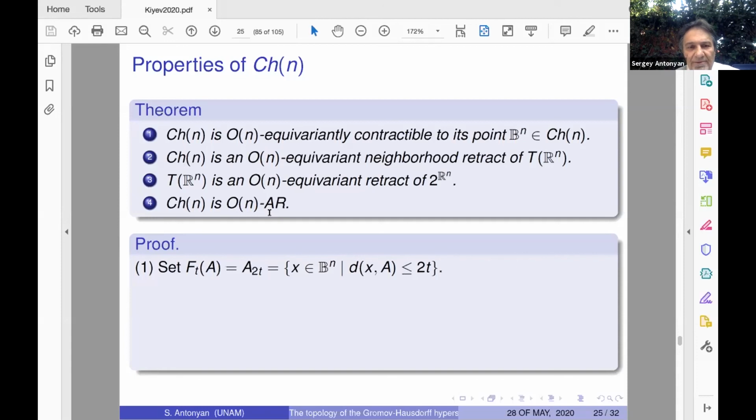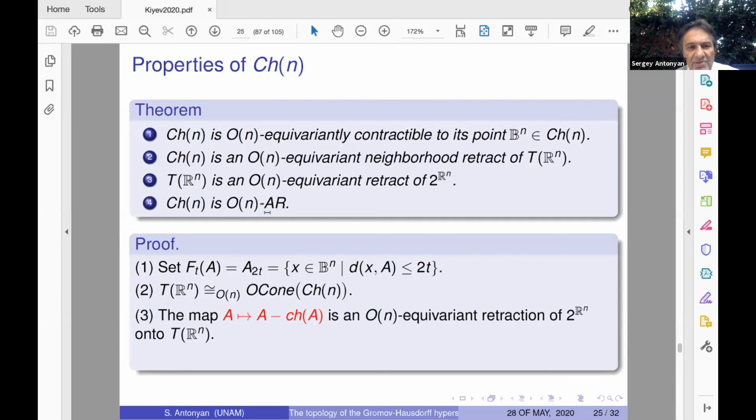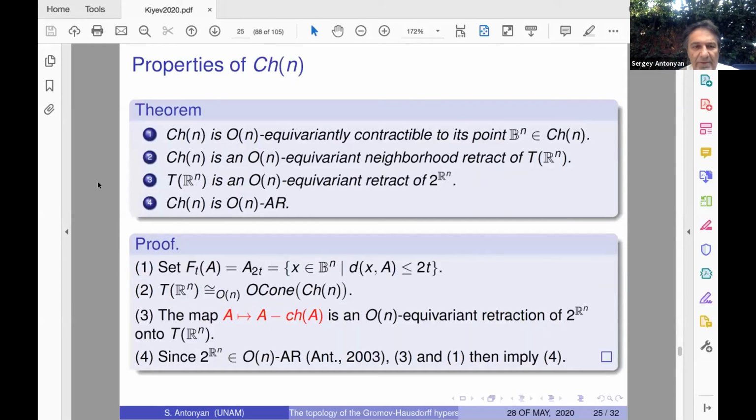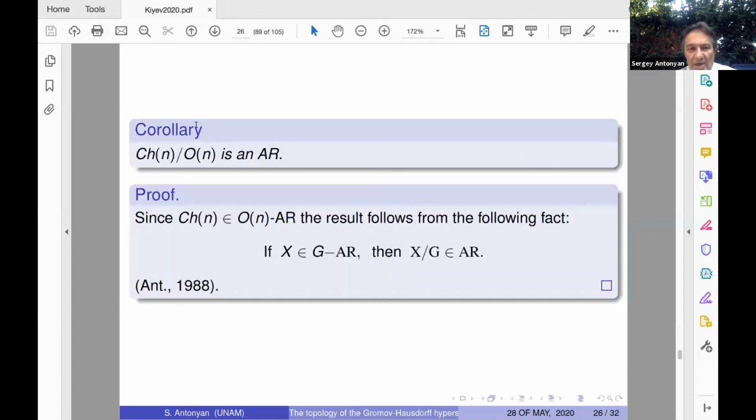I will not stop on the ideas of the proofs. The most difficult is the last one. After we establish the last property, we get that the orbit space of that is an ordinary absolute retract.